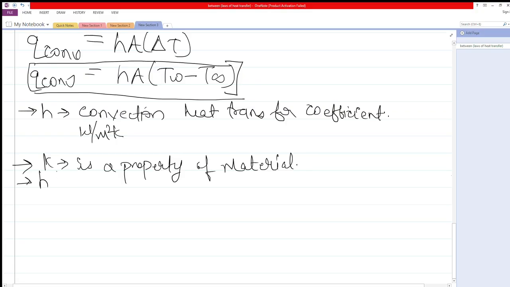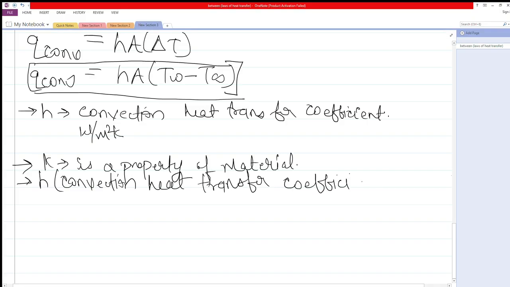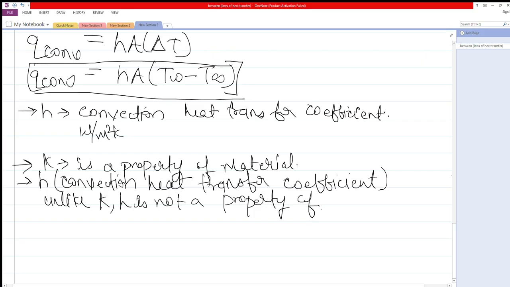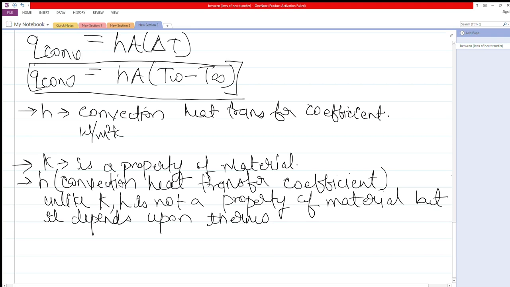If we talk about h, the convection heat transfer coefficient, it is not a property of material, unlike thermal conductivity k, but it depends upon thermophysical properties.